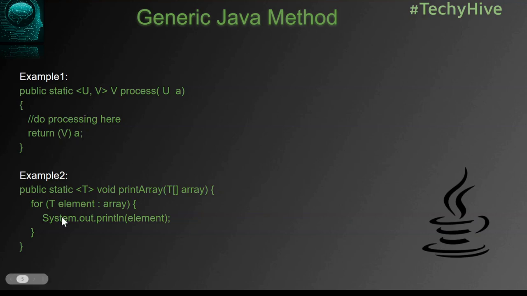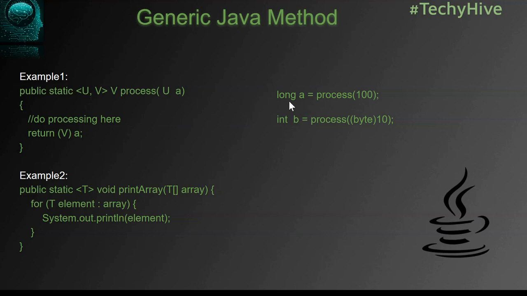In another example, we have specified only one generic type T, and after that we are just using the T to pass the argument, and after that we are printing all of the elements of the array. And the examples of the first example are here.